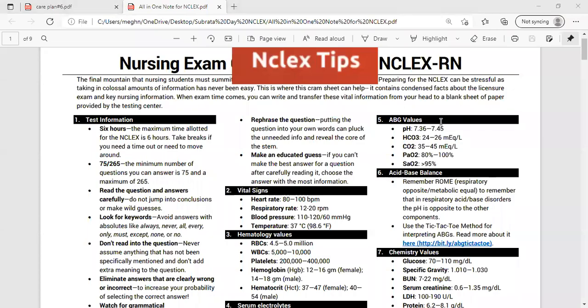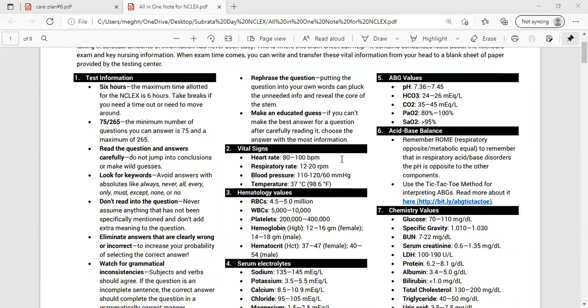Let me review a few important pieces of information for the NCLEX board. It is a rapid review. First of all, vital signs. Normal heart rate is 80 to 100 beats per minute, and respiratory rate is 12 to 20 breaths per minute.